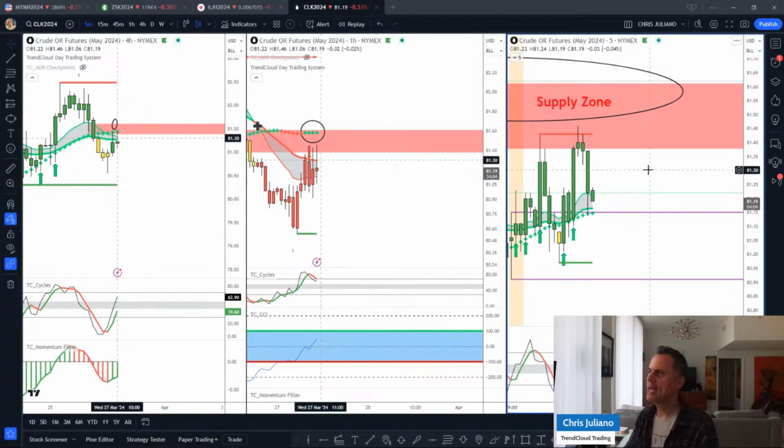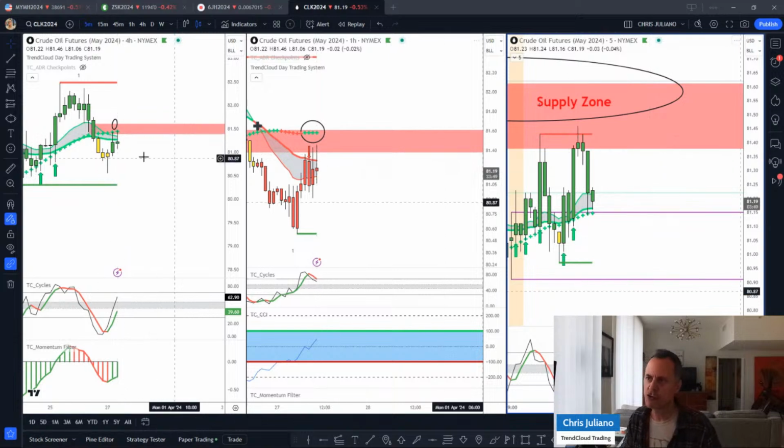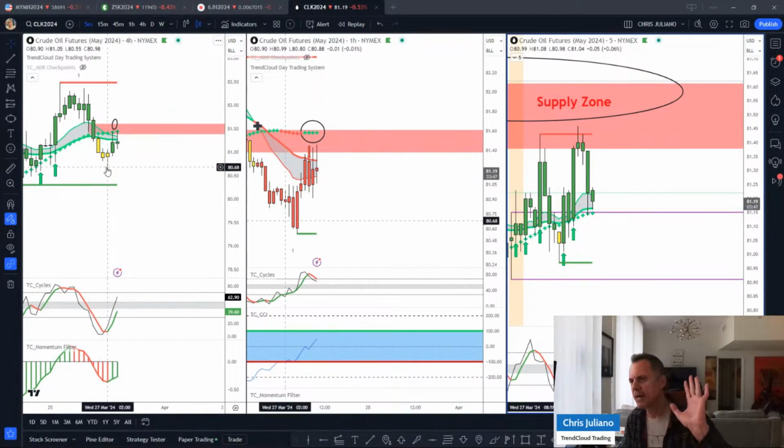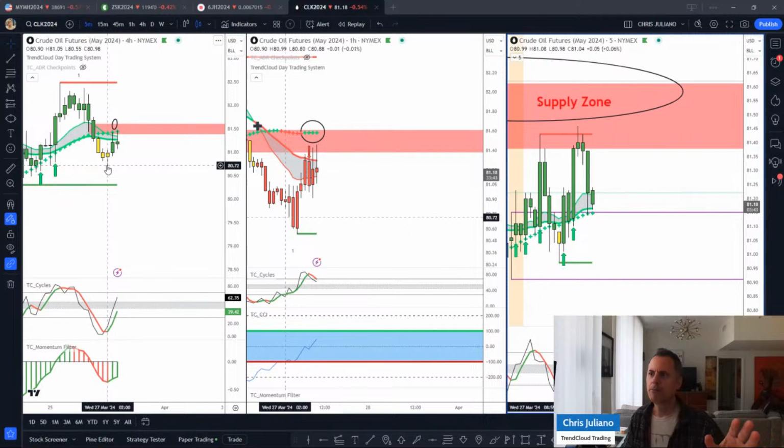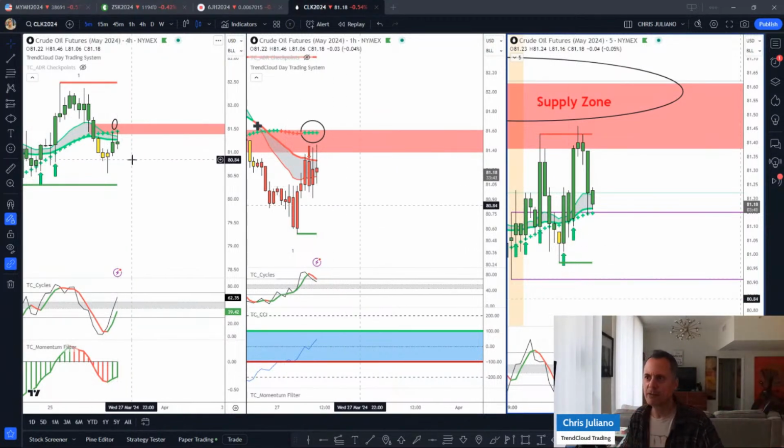So you have to have a trading system on your chart that's going to be rooted in price action. So what does TrendCloud do for us? TrendCloud's going to color coordinate your chart. It's going to tell you, hey, look, we've got this uptrend on the 4-hour chart, but you're below the trend cloud, right?